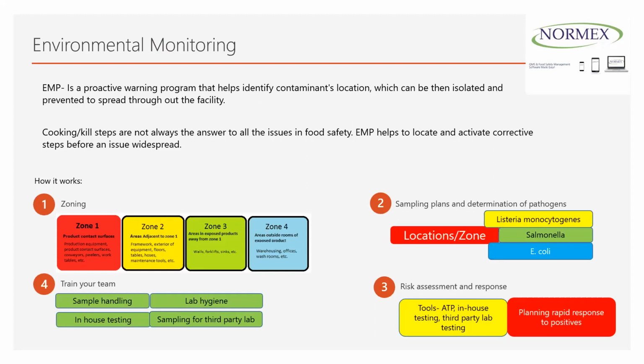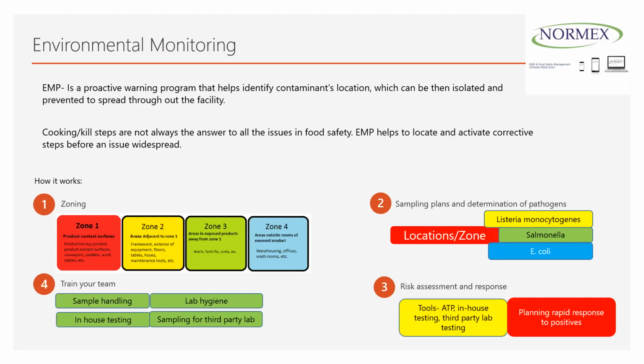The third point is risk assessment and response. For risk assessment and response, you need to use some tools such as ATP. ATP is, I would say, a light-emitting device which helps you determine the effectiveness of sanitation in your facility.